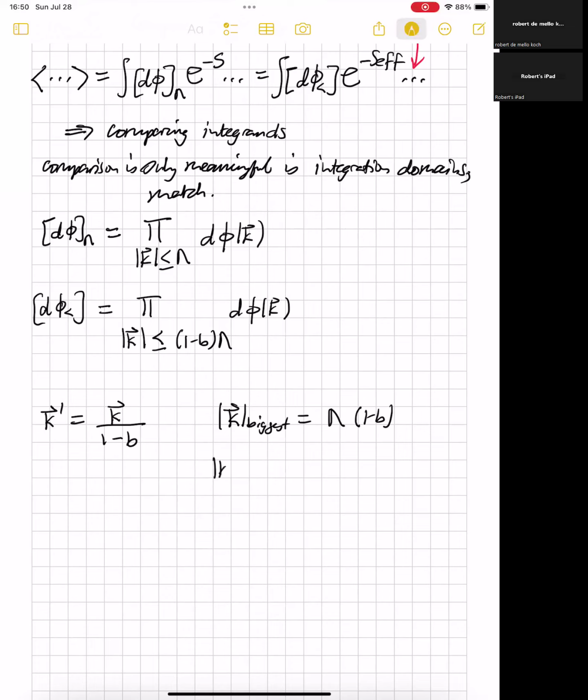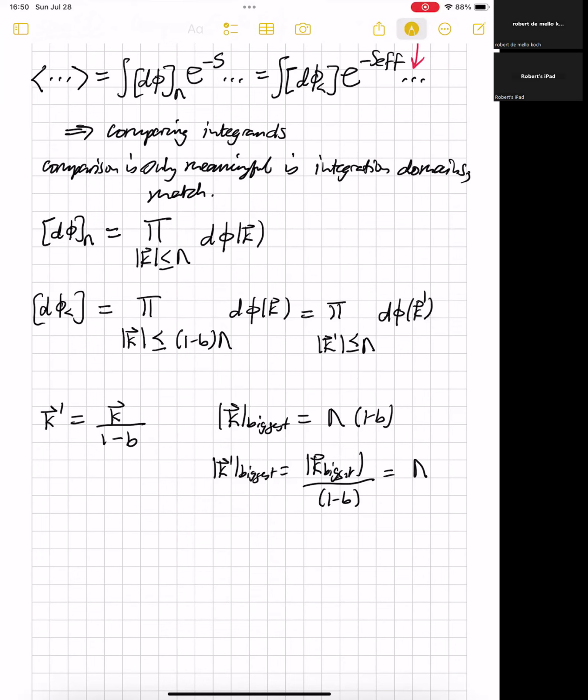So what's the biggest k prime? Well, the biggest k prime will be the biggest k over 1 minus b, and that is just lambda. So if we write our integration measure in terms of k primed, in fact, k primed must be less than or equal to lambda, and now we scale d phi of k primed.